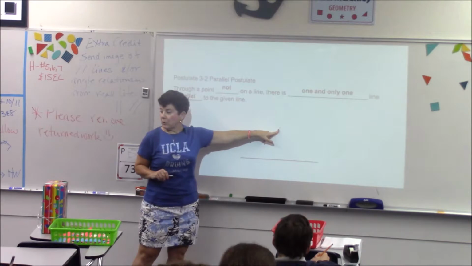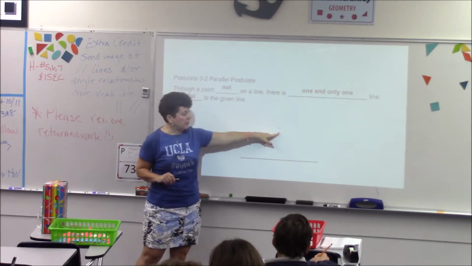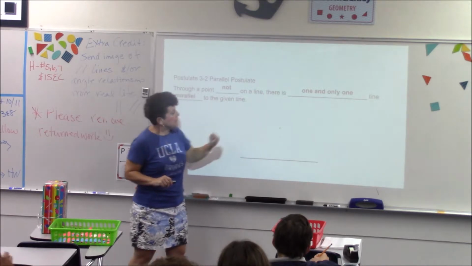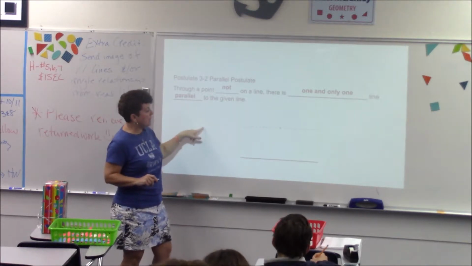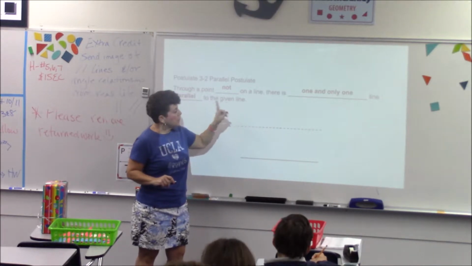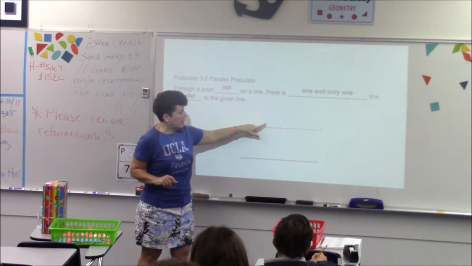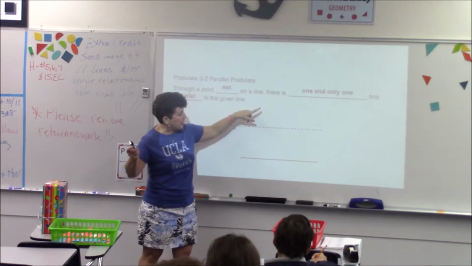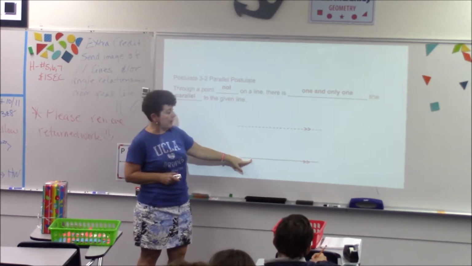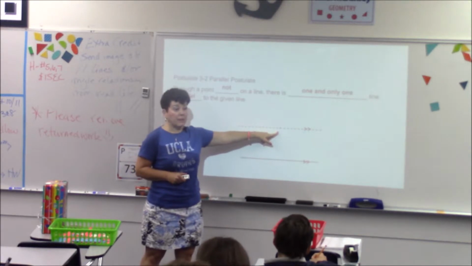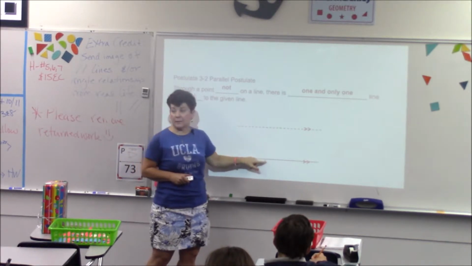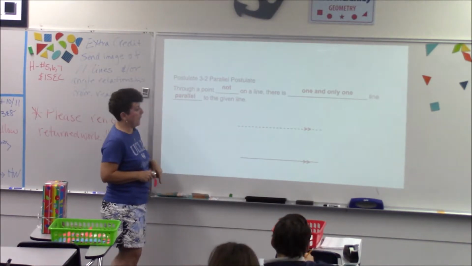Everybody, can you find your point on your line or above your line? This is a point not on this line. So what this postulate says is if I draw a line through here, there is only one line that I can draw that will be parallel to that given line at the bottom. I can draw a lot of lines through that point, but only one will be parallel to that original line.